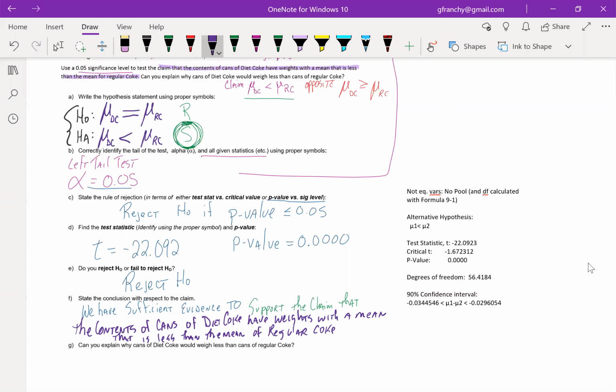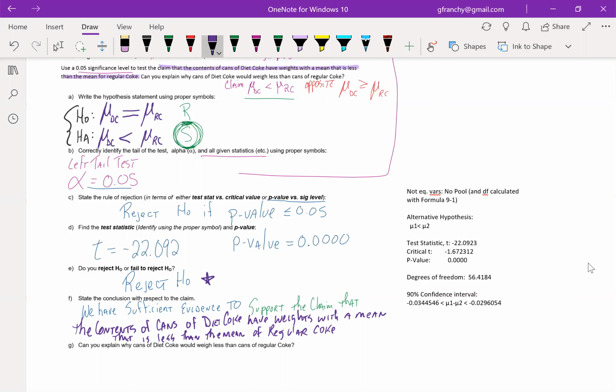What happens with the null hypothesis, whether we reject or fail to reject, addresses the first part: whether or not we have sufficient evidence. When we reject, we have sufficient evidence. When we fail to reject, we don't have the evidence. We would have insufficient evidence.